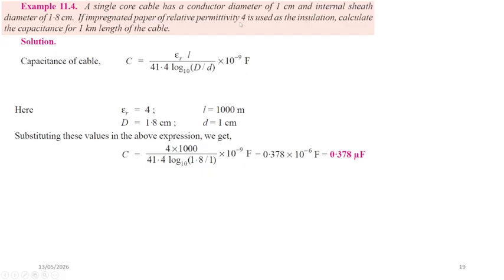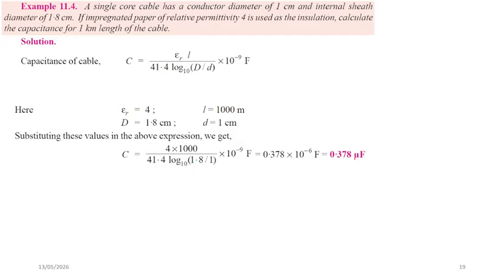Using the standard capacitance formulations for cables, the capacitance can be determined as 0.378 microfarad. By substituting the given values into these equations, we can find this value. So this example demonstrates how cable geometry and insulation properties directly influence the capacitance of underground power cables.